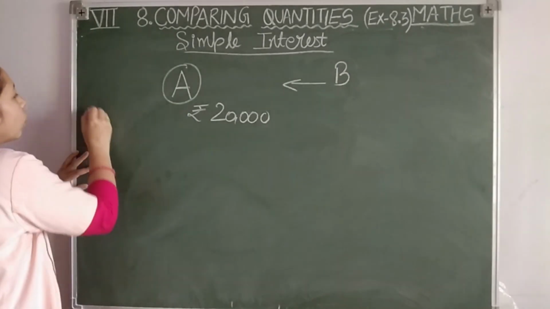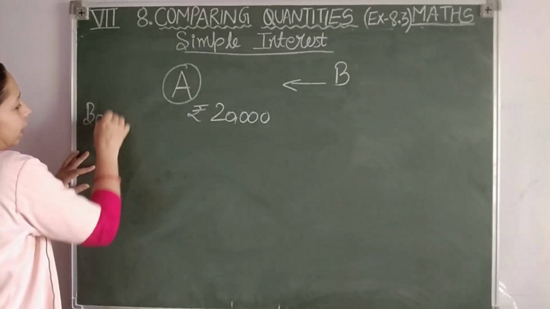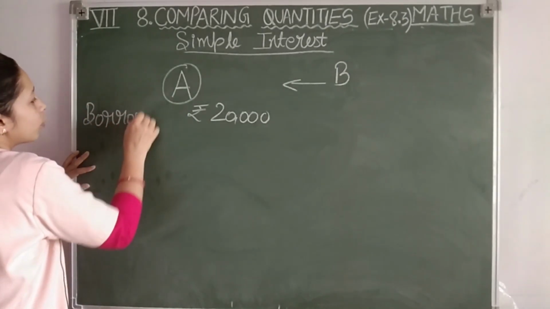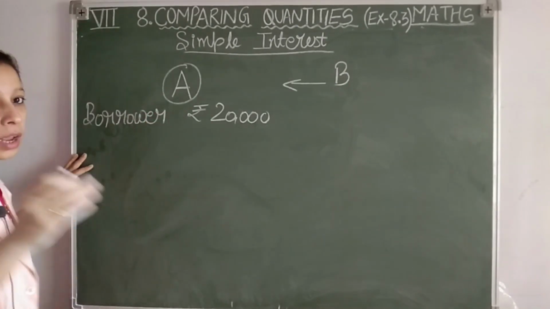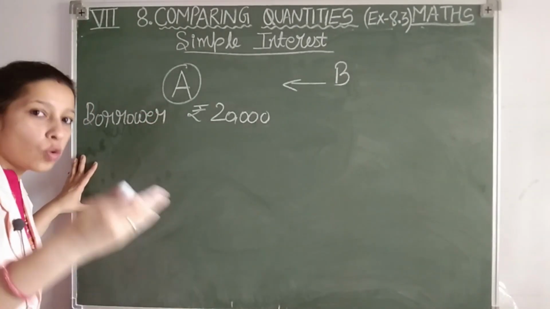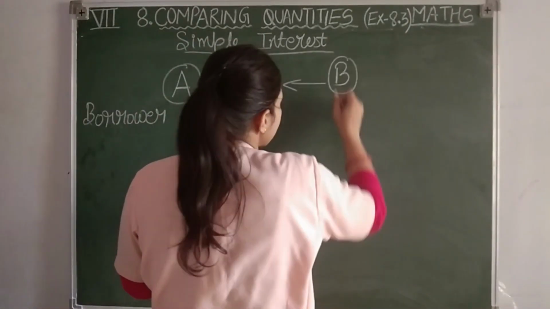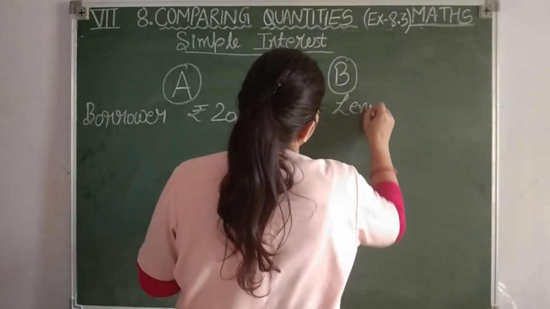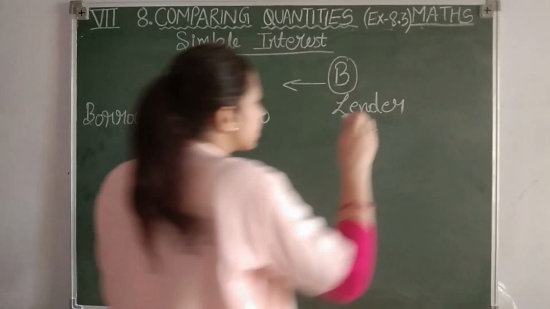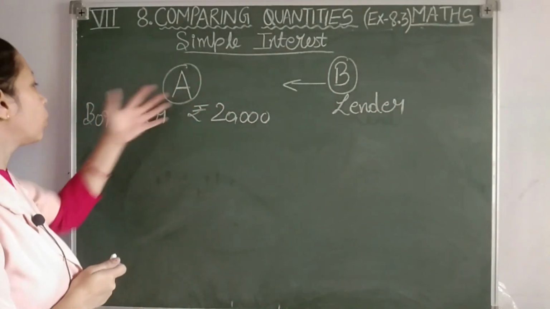So A will be known as borrower. These are the terms you should be familiar with, okay? Borrower: the person who borrows the money is known as borrower, and the person who gives the money is known as lender. So here lender is B, who is lending his money to A.